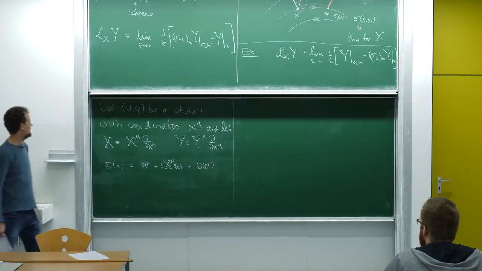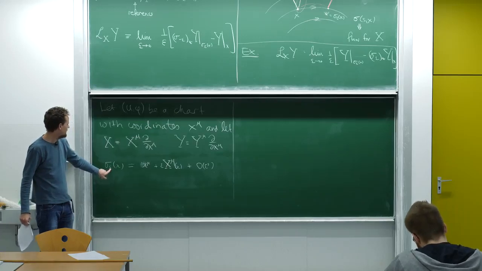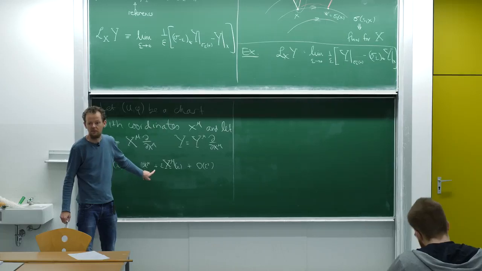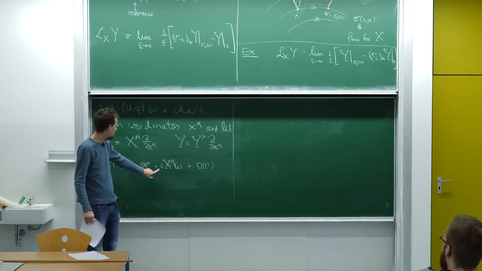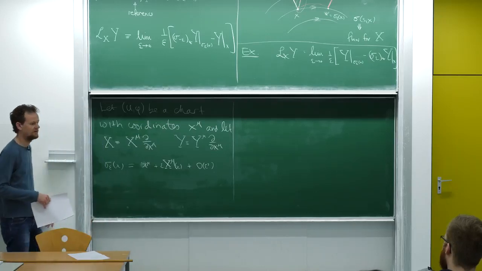So to first order, when you flow the point x under the vector field X for a bit, you end up at x, obviously, right? You started at x, you're going to move away from it, and to first order, you end up with just adding the components of the vector field to x like that.